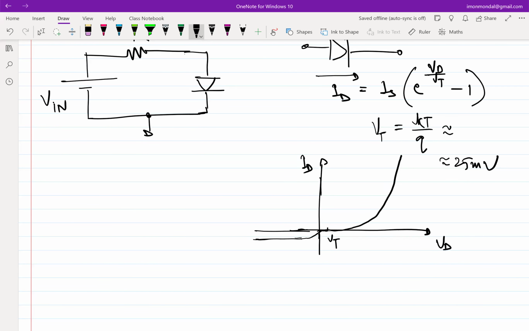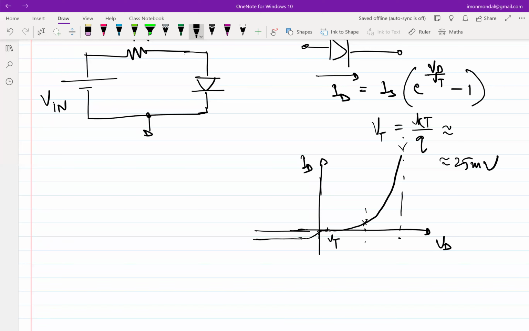Because it looks like VD is continuous, right? I can be somewhere here, then the value of VD will be something. If I am somewhere here, the value of VD will be something else. I mean, they seem to be quite far apart, at least in the plot, right? So the reason behind that is there is a statement that we don't make while we replace that diode with a voltage source.